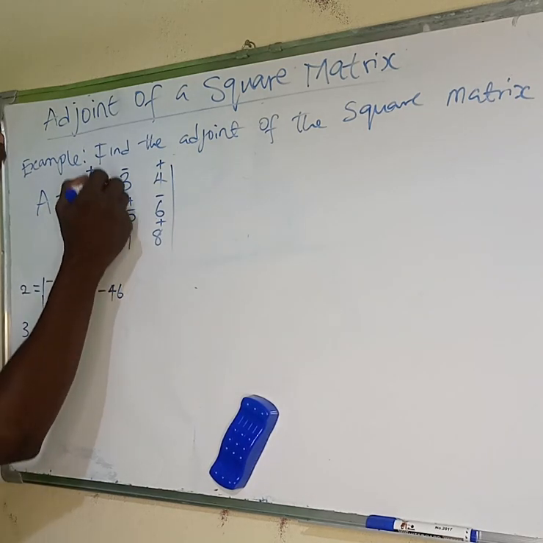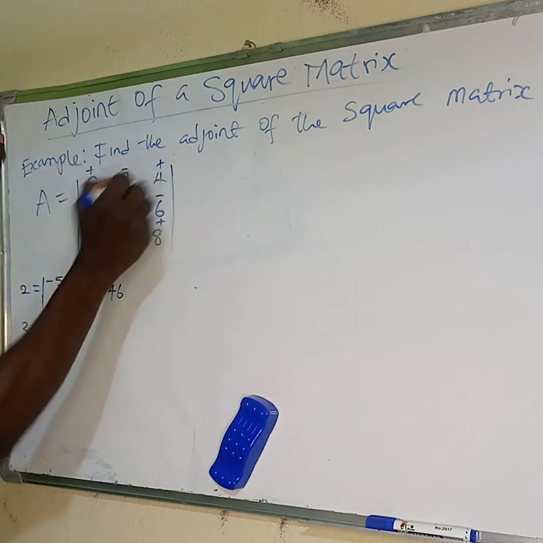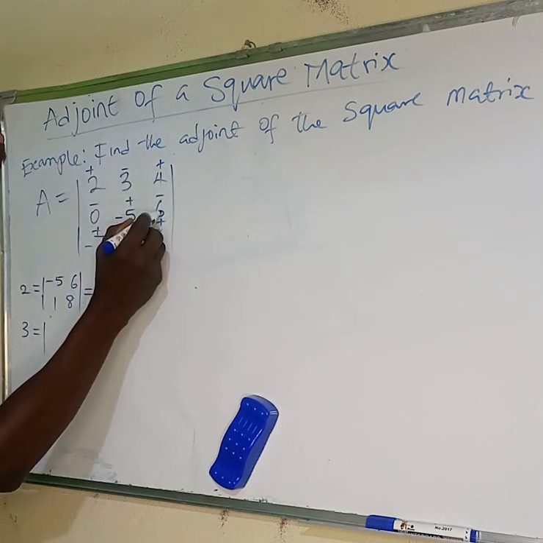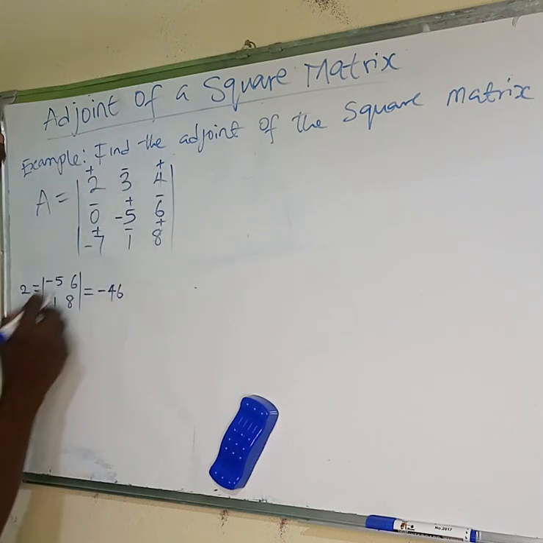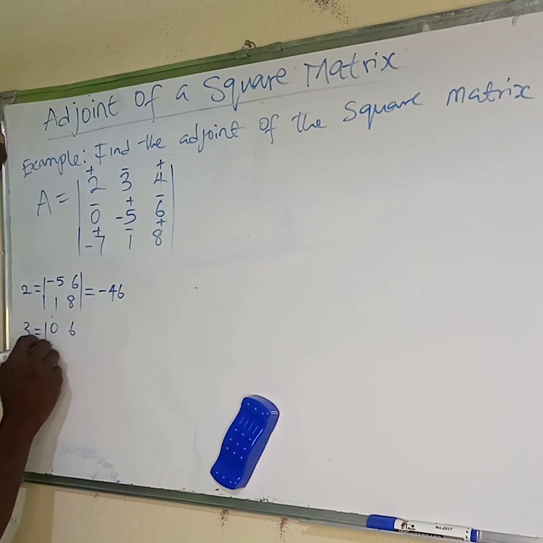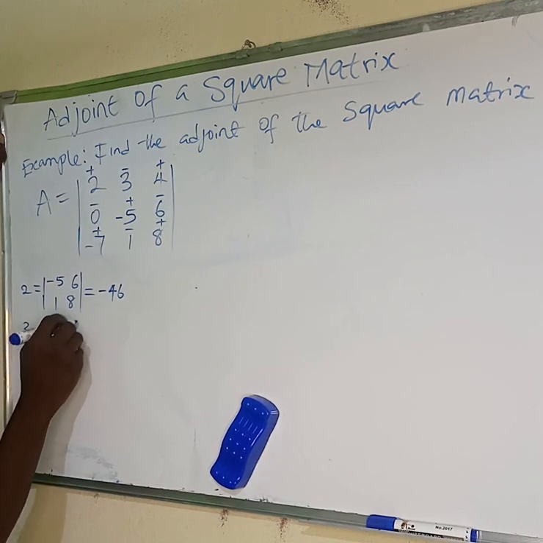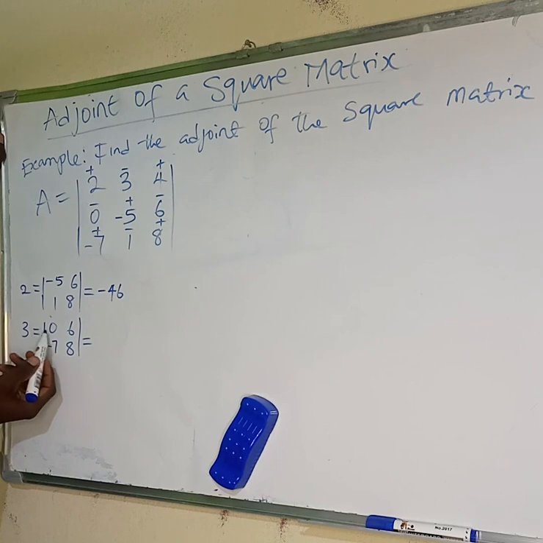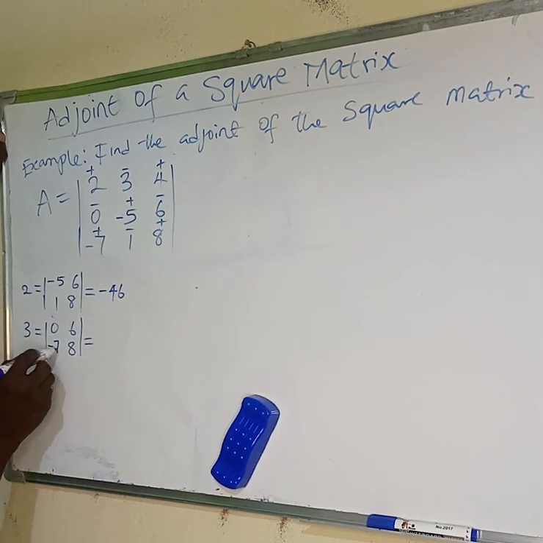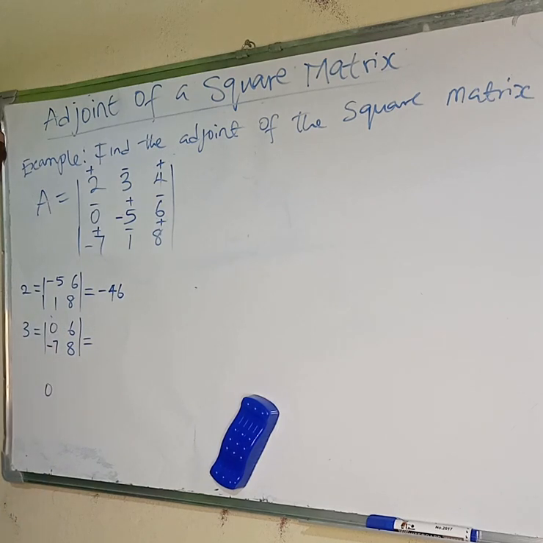So we move to the next element, 3. For 3, if you eliminate all the elements in column and row, we are going to be left with 0, 6, negative 7, and 8. As usual, 0 multiply 8 is 0. Negative 7 multiply 6 will give us negative 42.